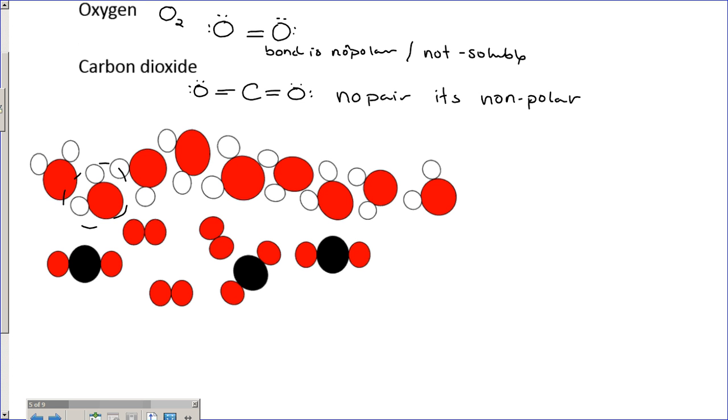So you can see here I've demonstrated oxygen with two red BBs and carbon dioxide with two red BBs and a black BB. So what happens is the water is really attracted to itself because it's hydrogen bonded. And if air gets in there, it gets trapped in the water because the water itself does not want to separate.